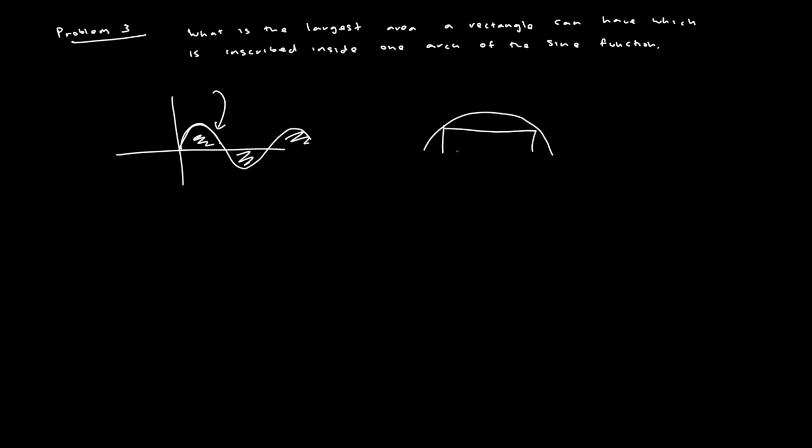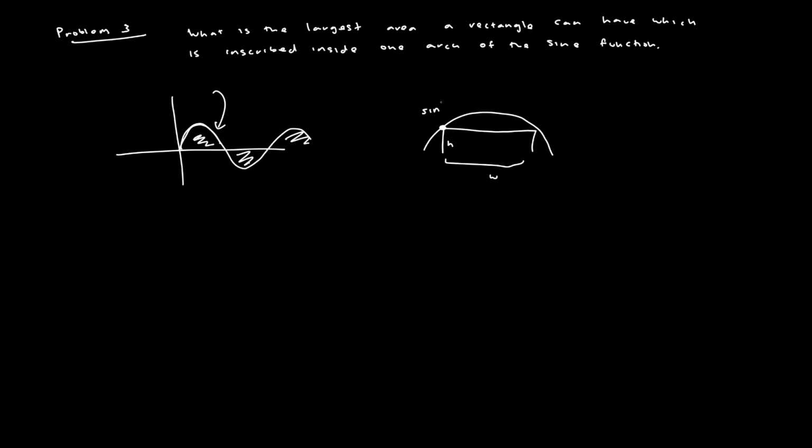So when we inscribe a rectangle, the area of a rectangle is given by its height and its width, right? And the height is just going to be determined by where on this sine arch it is.